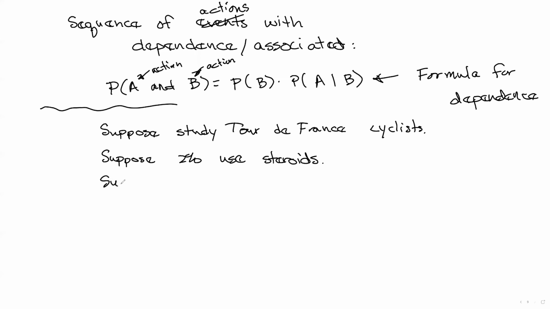Suppose there is a test that will be positive 99% of the time when the cyclist has used steroids. So the test will be positive for steroids 99% of the time when the person has used steroids.